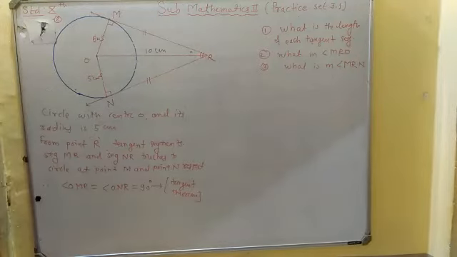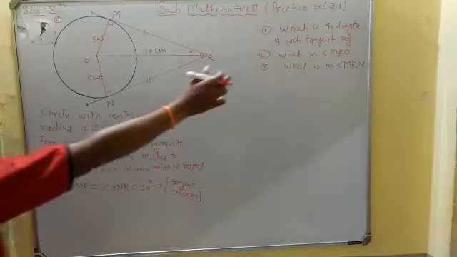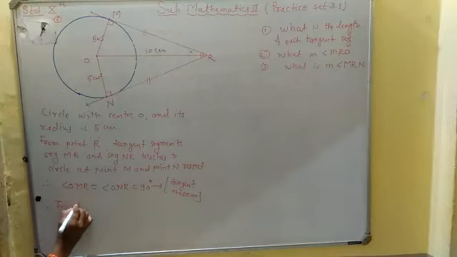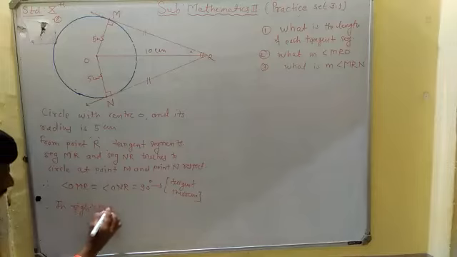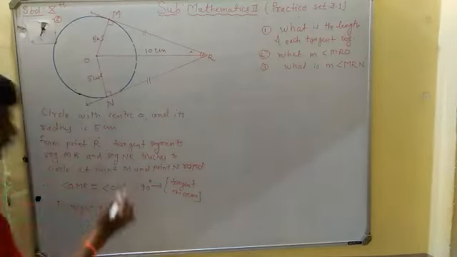We give the reason here tangent theorem. Therefore, in a right angle triangle OMR, find firstly the length of a tangent segment, in the right angle triangle OMR.